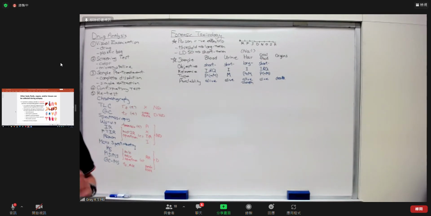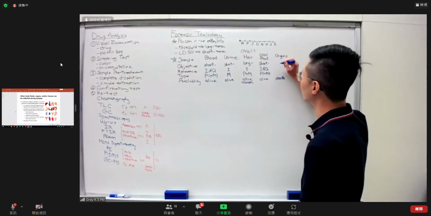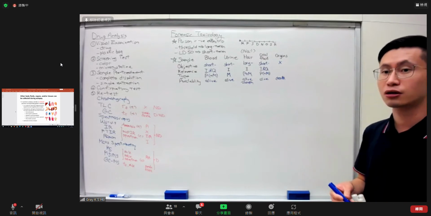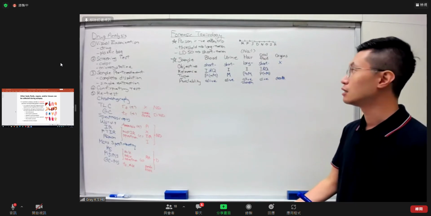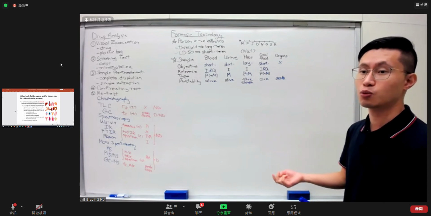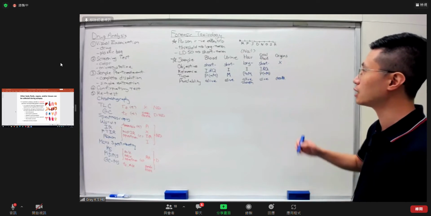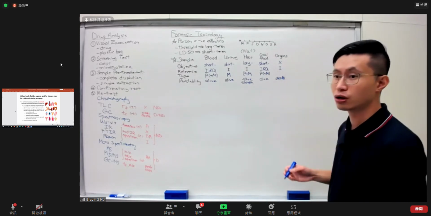But in general, for the organs, we can't tell the objective, because it could be within a short time or it could be a deposit accumulated over a long time. Then we don't know which one is which, so we cannot tell the objective. For relevancy, there will be identification only.